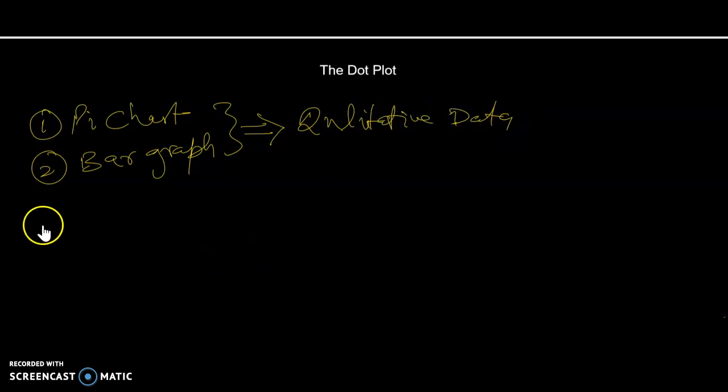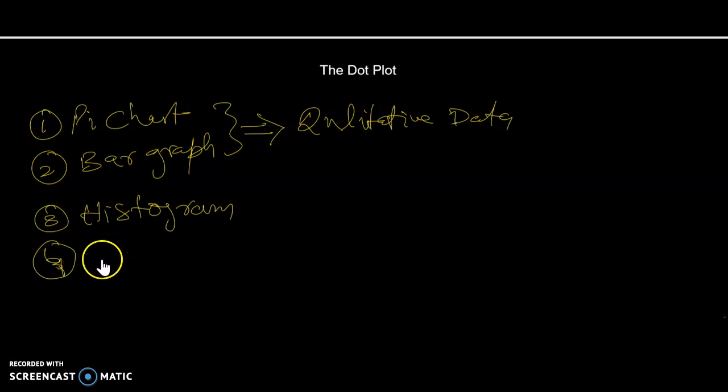Okay, and then we have seen another type of graph called a histogram. And today I'm talking about something called the dot plot.